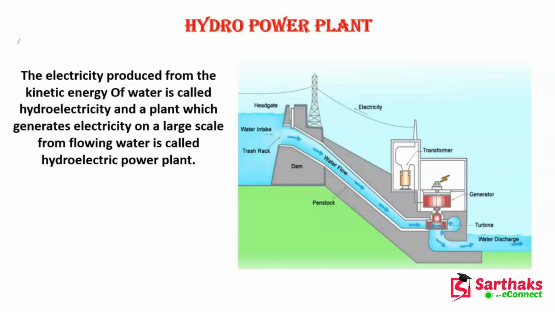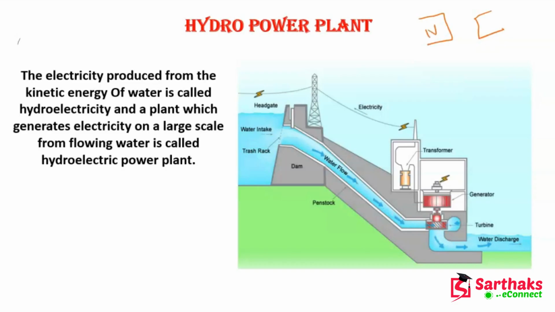Now guys, we all know that whenever a turbine rotates, electricity is generated, because the turbine is connected to a dynamo or a generator, and this generator generates electricity. There is a magnetic field.